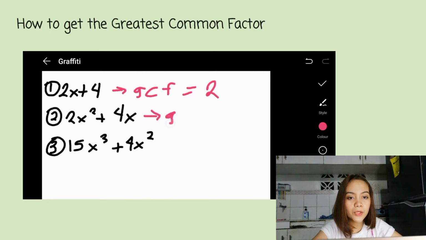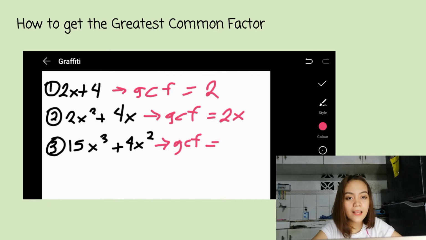And for problem number 2, the greatest common factor is 2 for its coefficient and x for its variable, because 2x can divide 2x squared and 4x evenly.